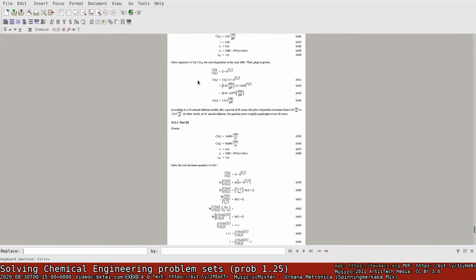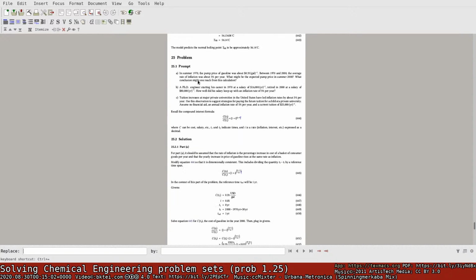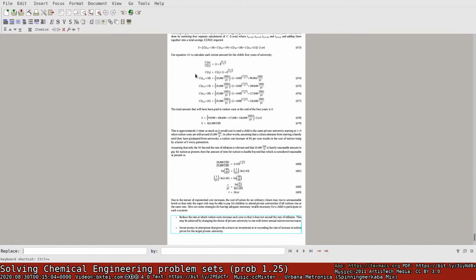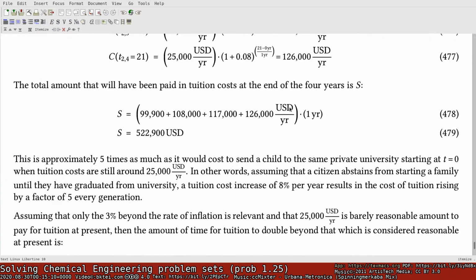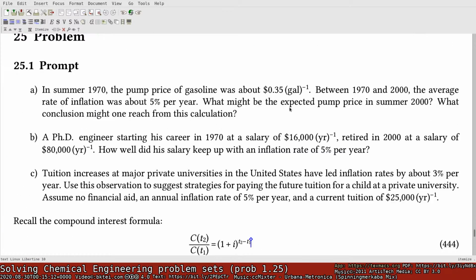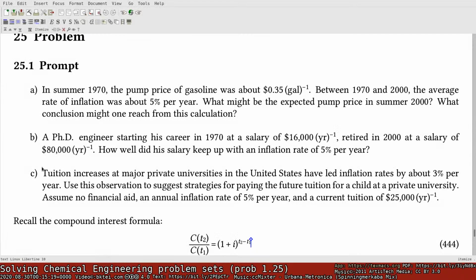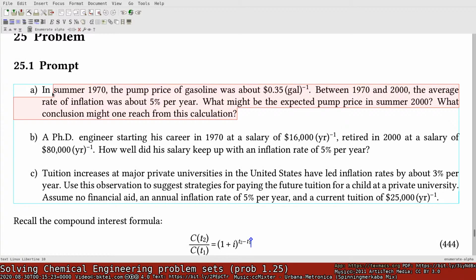Okay, so yeah, summary. Let's go back to the prompt. So we are given the pump price of gasoline at that starting figure. 30 years has passed.